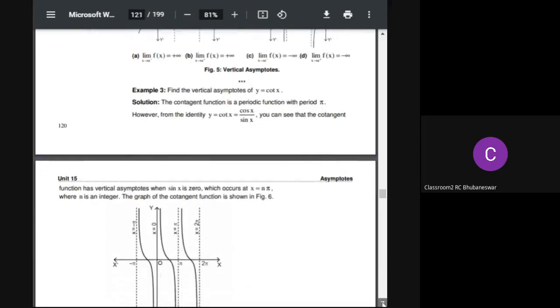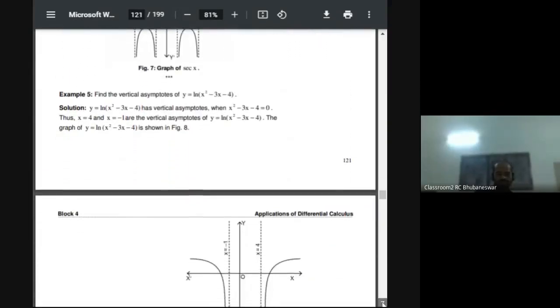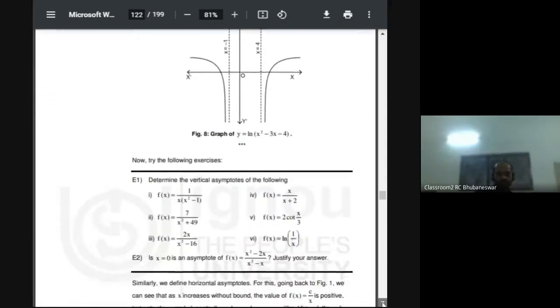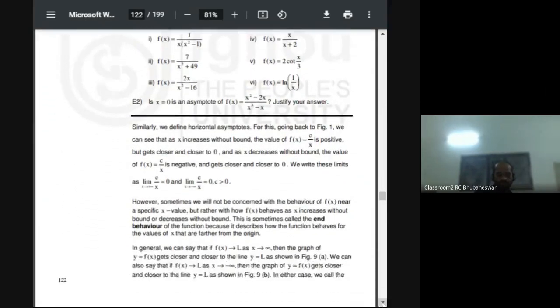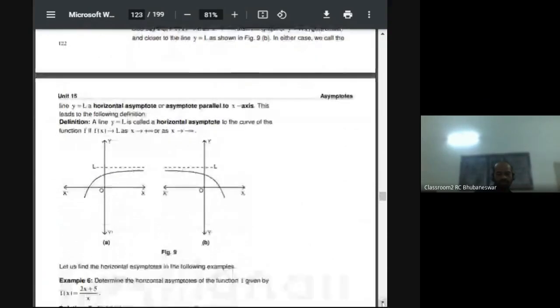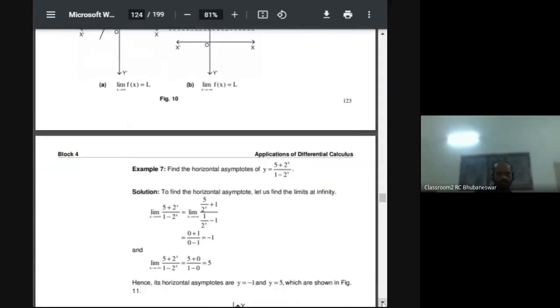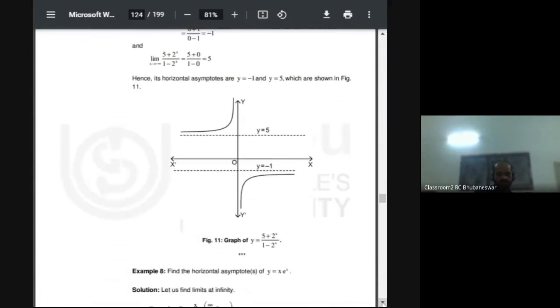Now let us discuss the working procedure: how can we calculate these vertical and horizontal asymptotes of the function.